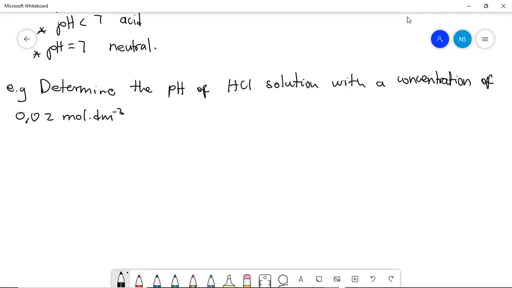You are asked to determine the pH of hydrochloric acid solution with a concentration of 0.02 mole per dm cubed.